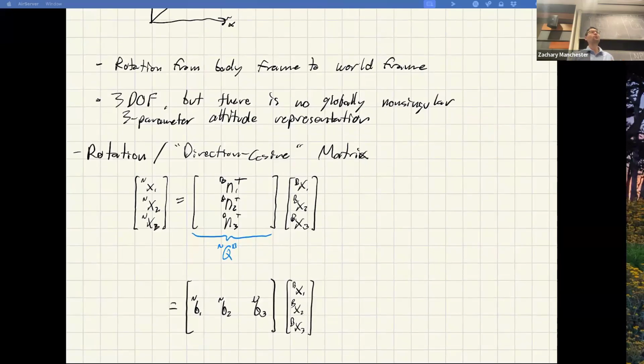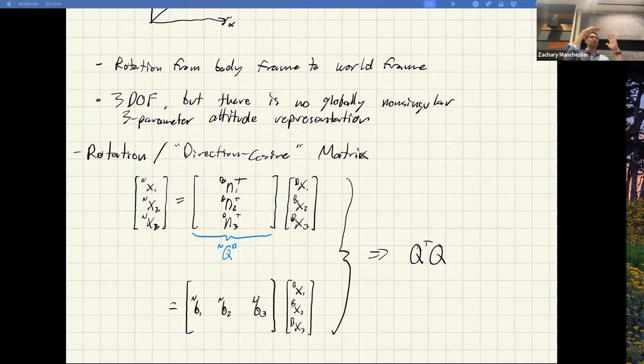Okay, so now that you know this, what does Q transpose Q equal? Yeah, exactly. These are basis vectors, they're orthogonal. So if I do Q transpose Q, you can think of it either way: it's either the B frame or the N frame basis vectors dotted into themselves. N1 dotted into N1 is 1. N1 dotted into N2, N3 is 0. Same thing the other way.